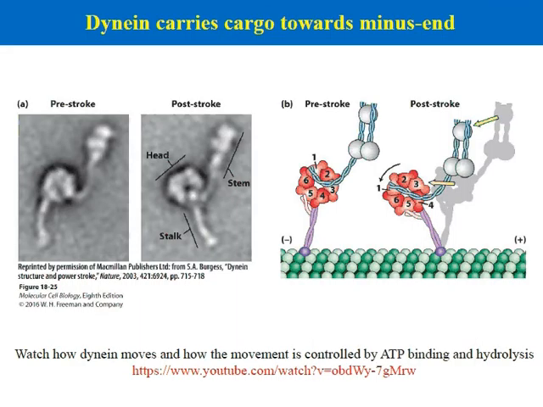So this is the cargo. This is actually the stalk here, like what you defined. So we have two branches of the unit. Now this is the linker region, which changes its conformation.